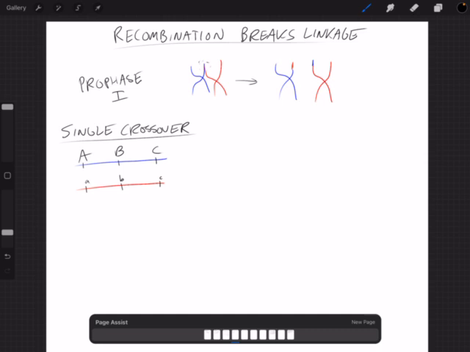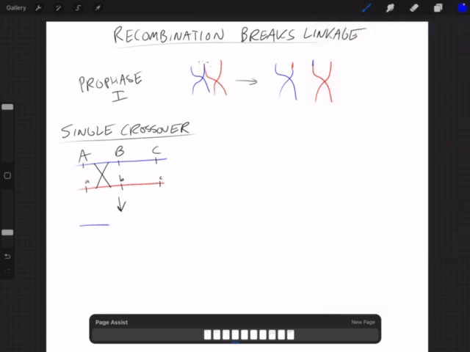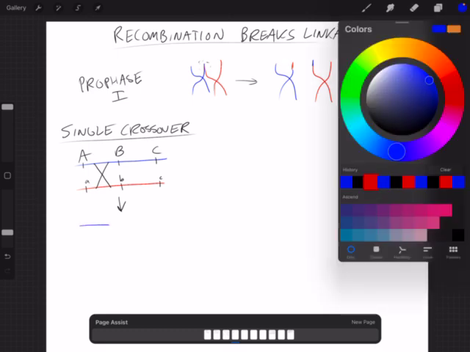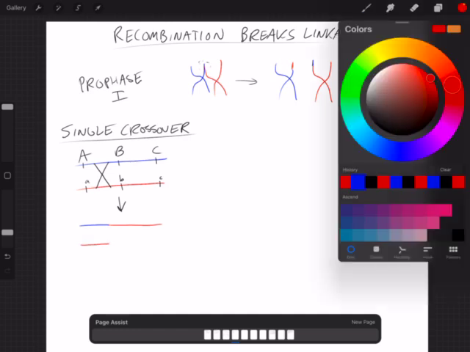If there's a recombination event, say between A and B, this little chiasma forms, and it's like we take scissors and cut these and then swap the red and the blue pieces, such that we have a chromosome that starts blue and then switches over after the crossover to be red, and a chromosome that starts red and then switches over to end in blue.